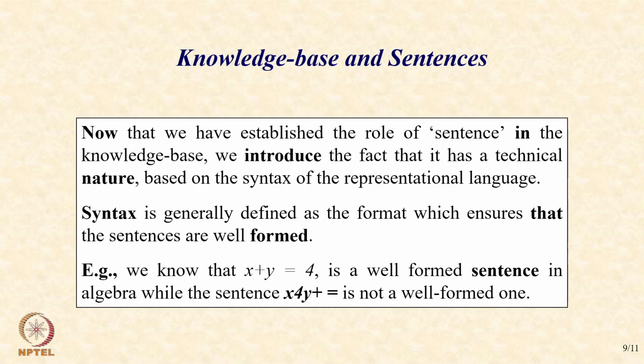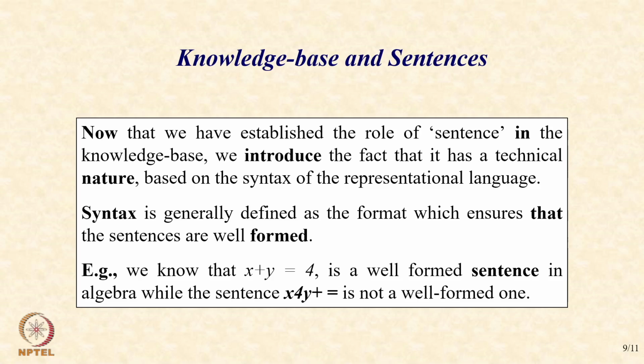I will give you an idea. Suppose I write x plus y equal to 4. It is a well formed sentence in algebra. Algebra also has its own language, and this sentence says that there are two variables x and y, and when they are added, the result is 4.